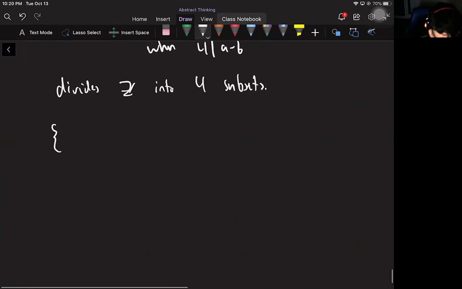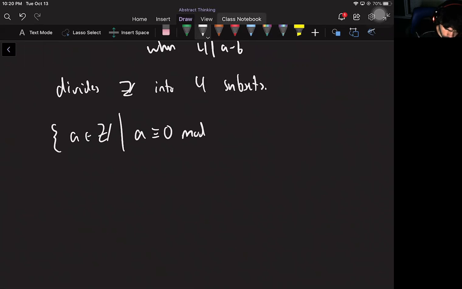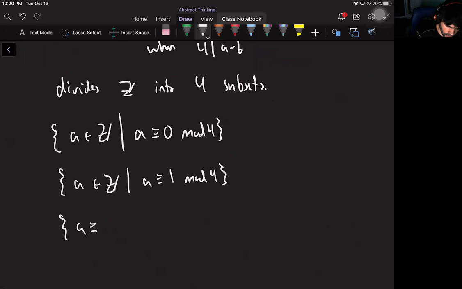All right. So what I'm saying is there's all the numbers that are congruent to 0. There's all the numbers that are congruent to 1. There's all the numbers that are congruent to 3, or sorry, 2 is next.